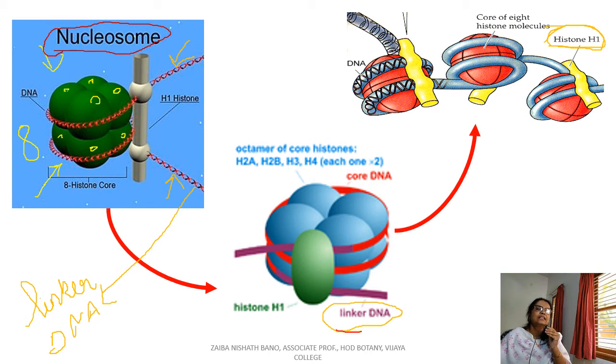Now this linker DNA goes and links another octamer. You can see in the figure on the top, the next octamer is there in the middle, shown as a core of 8 histone molecules. The yellow one, which is binding the two rounds of the DNA, is the histone H1 protein.